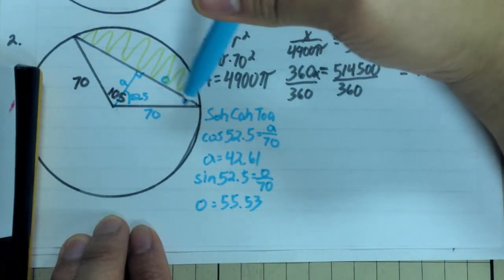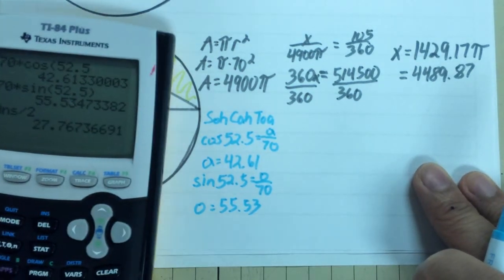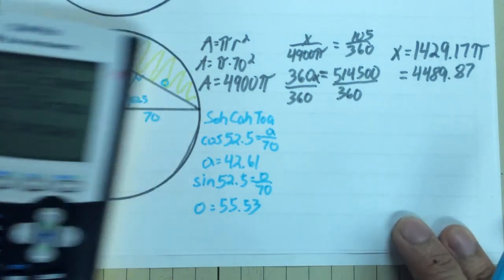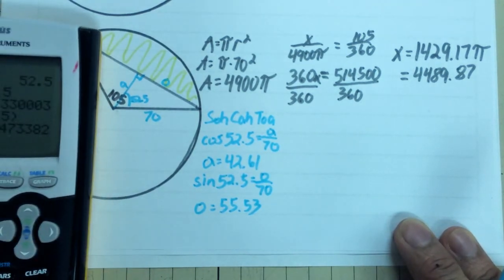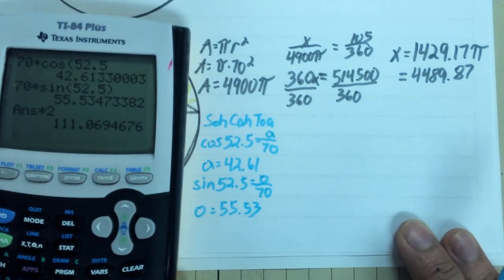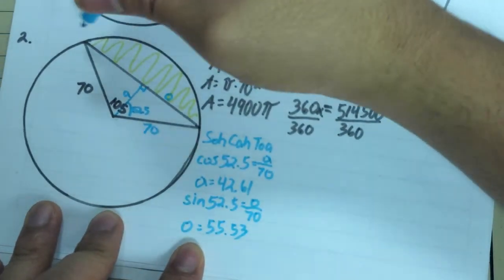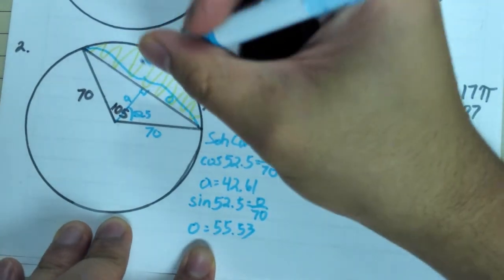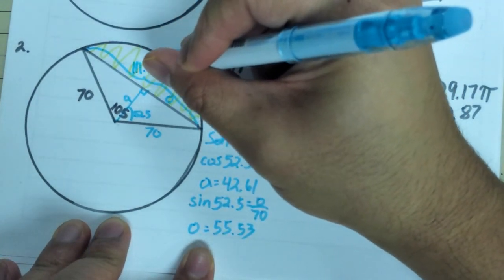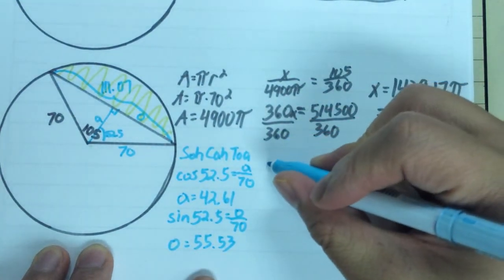This side is 55.53, which means I need to double that to get my entire base. Oops, that's not right, I pressed the wrong button. Doubling it to get from here to here gives 111.07.